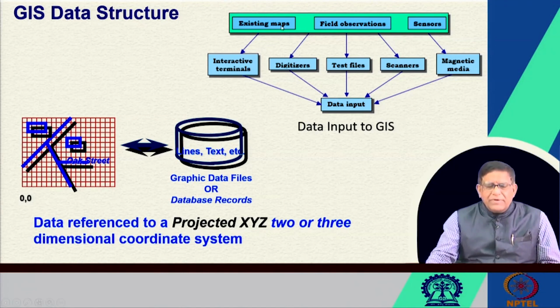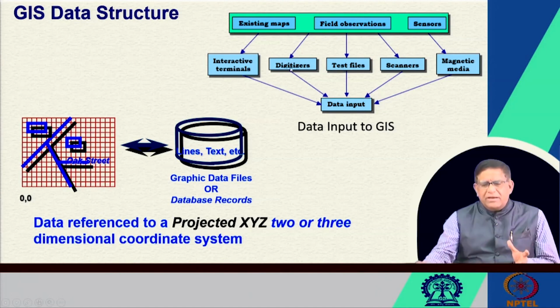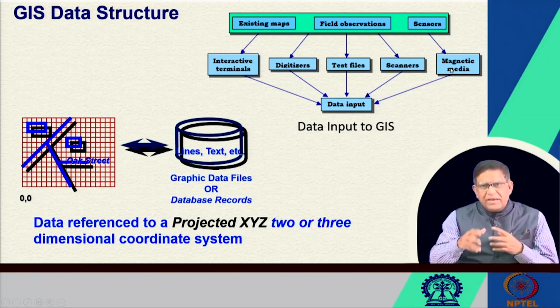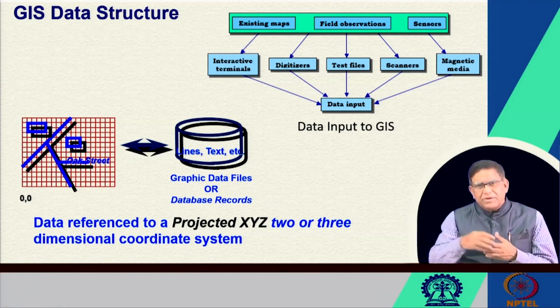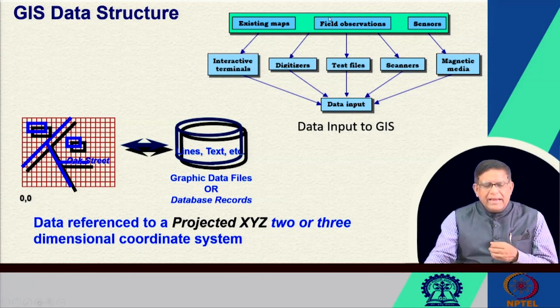You have the existing map of the mine, your townships and others, you have some field observations, and you have put some sensors to collect information. Those come in different ways: field observations can come by scanner, by text file, by digitizer, and sensors can bring magnetic data on a tape or on a disk.